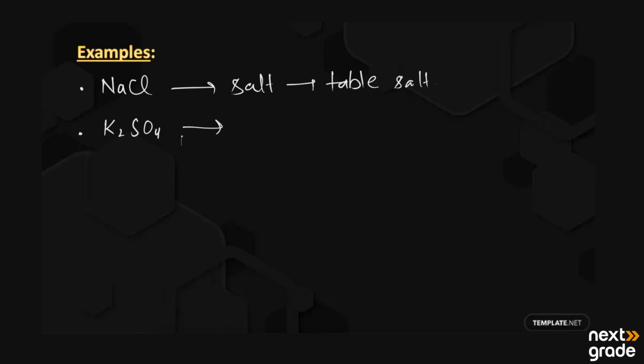It is mostly found in saline areas, and it is also used in making explosives. And third salt we have sodium nitrate, NaNO3. This salt is used as fertilizer.